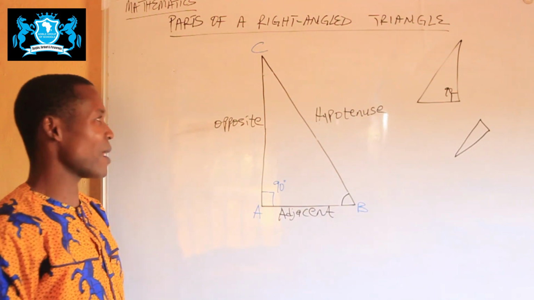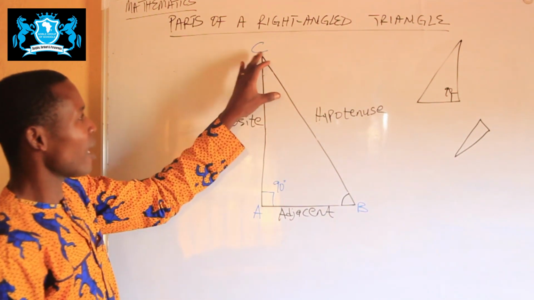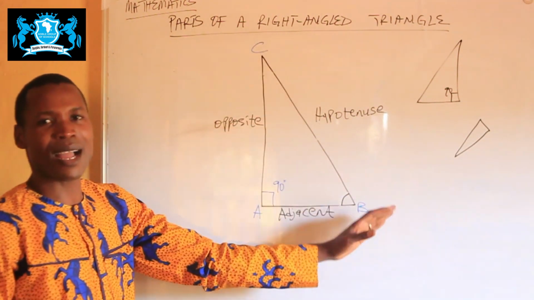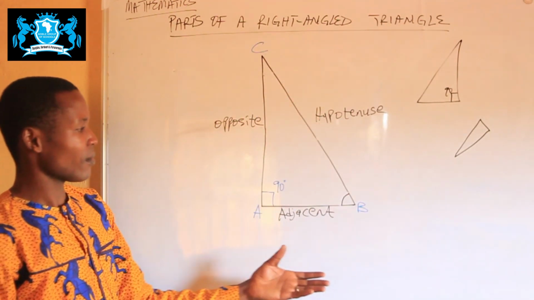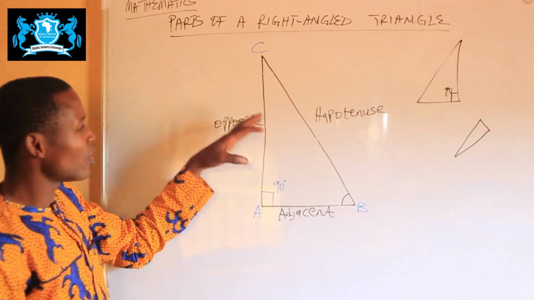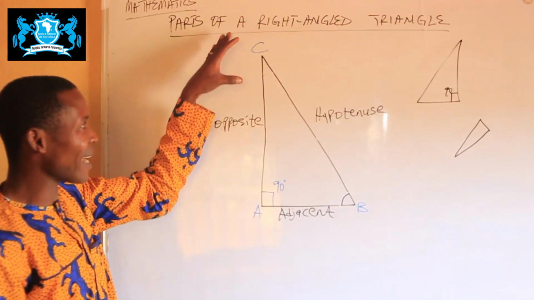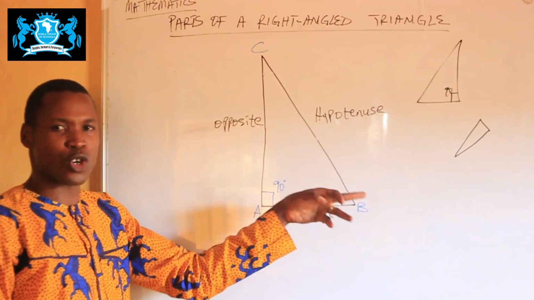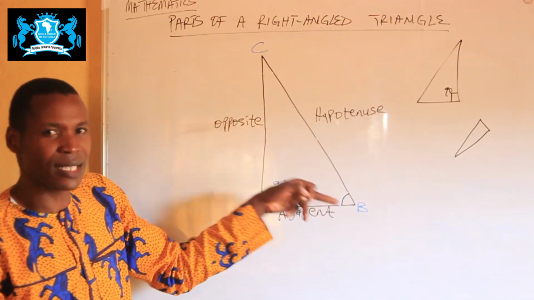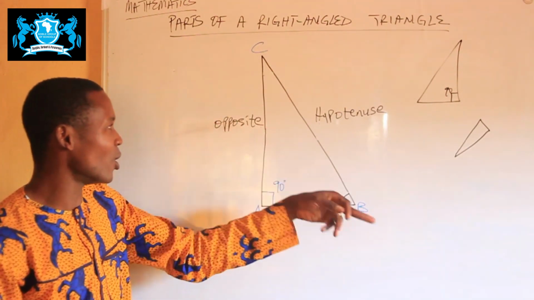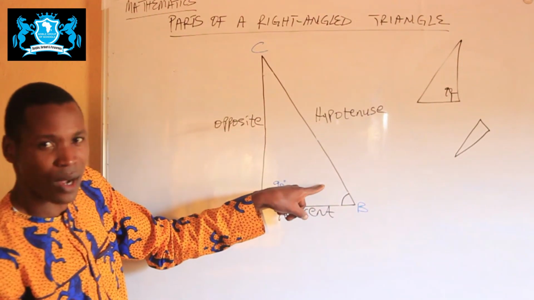What I tried to explain to you just now is that the longest part in a right-angled triangle is called the hypotenuse. Any side opposite an angle, which could be here or here, across an angle, is called what? The opposite.